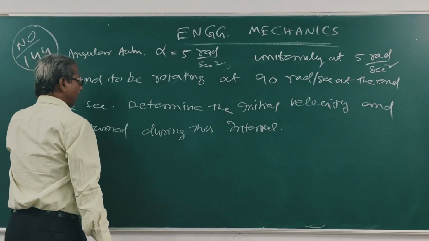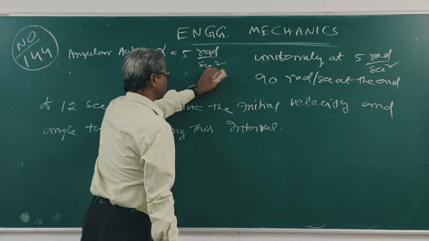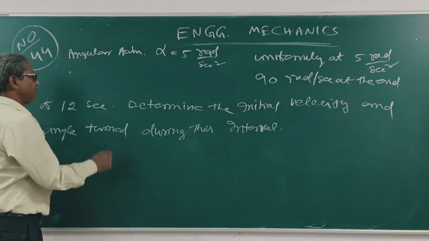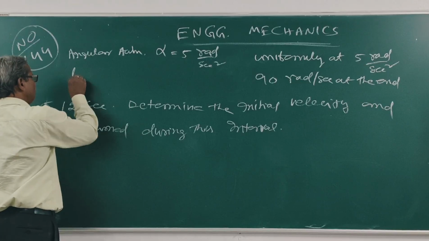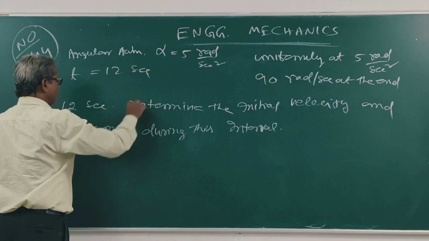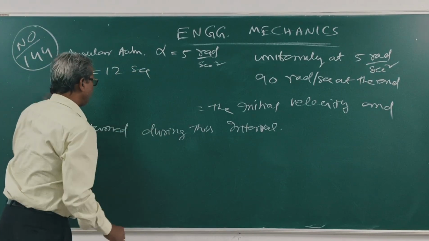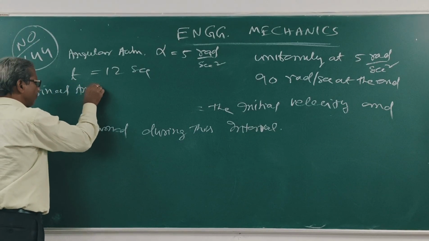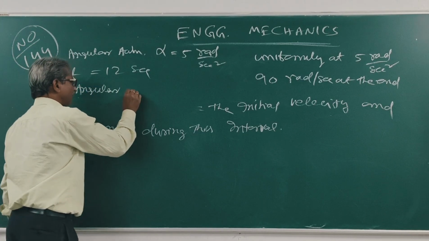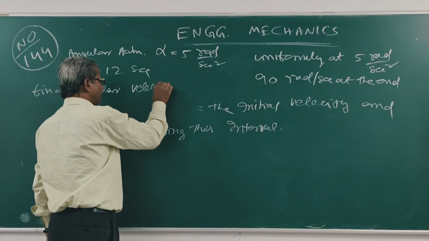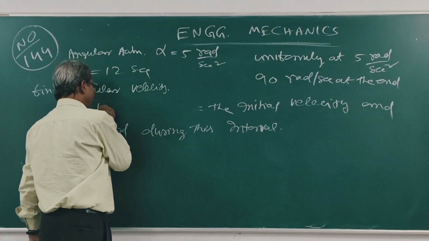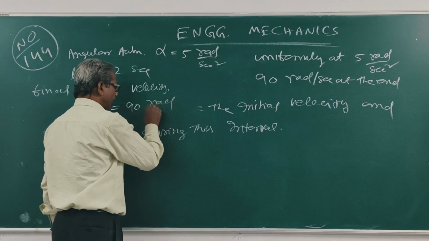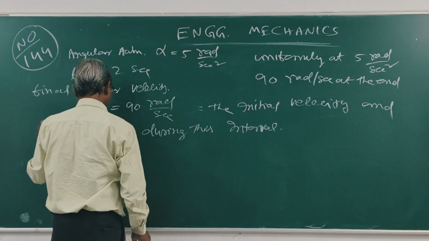It is found to be rotating at 90 radian per second at the end of 12 seconds. So t is equal to 12 seconds and final angular velocity omega is equal to 90 radian per second.